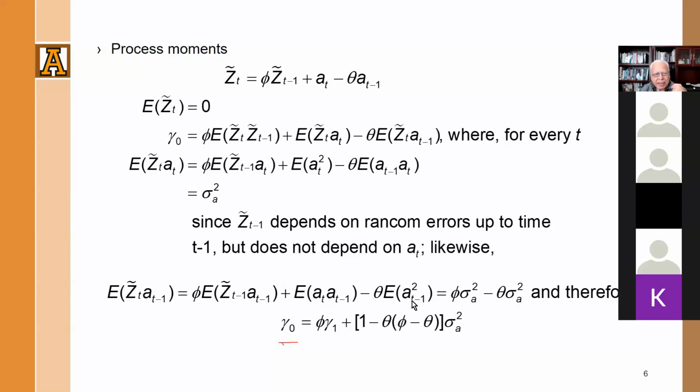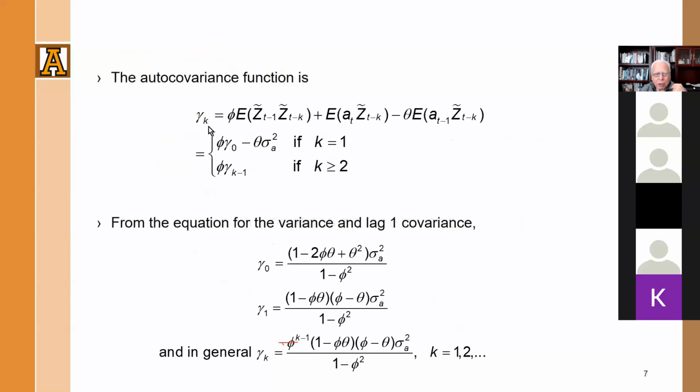Now, if we write down what's the covariance at lag k, it is the expected value of Z_t Z_{t-k}, which is the expected value of (phi Z_{t-1} plus A_t minus theta A_{t-1}) times Z_{t-k}.